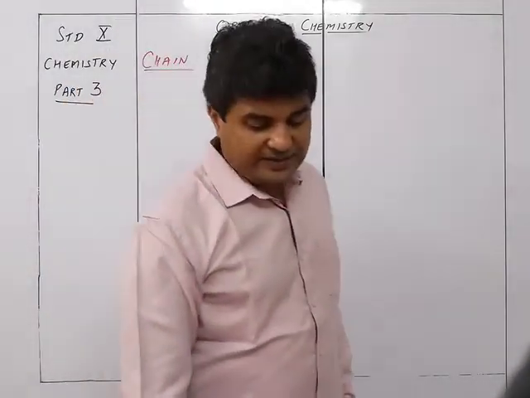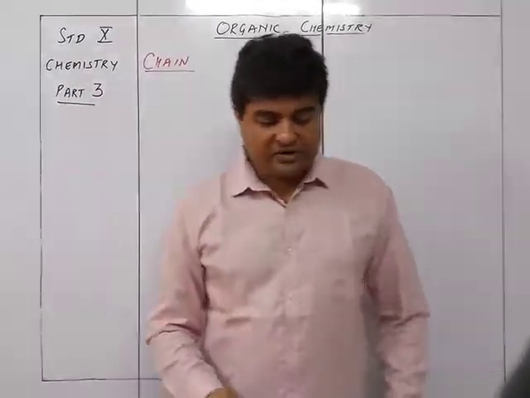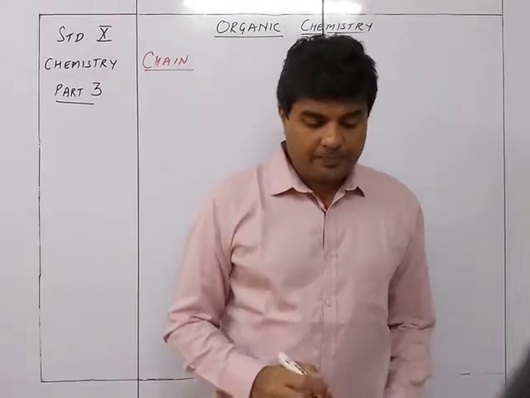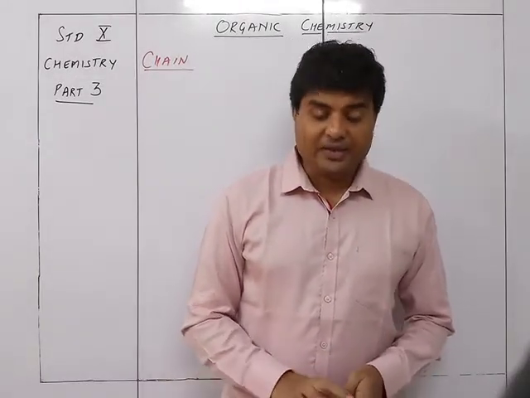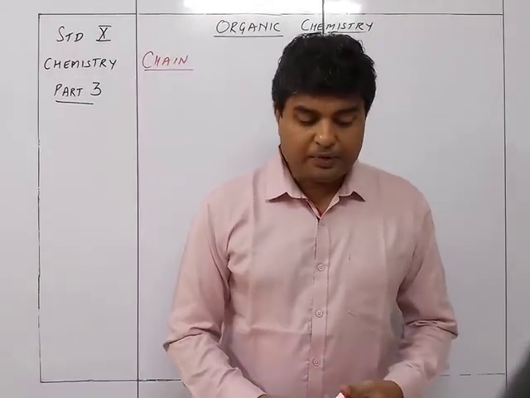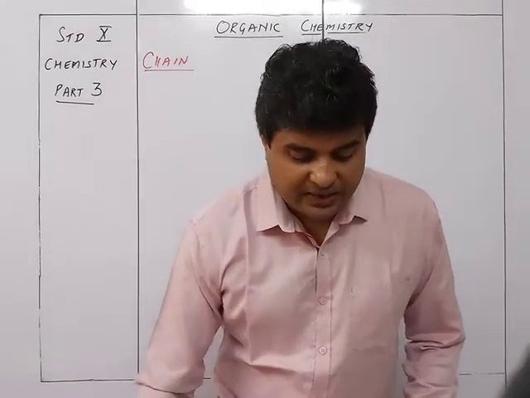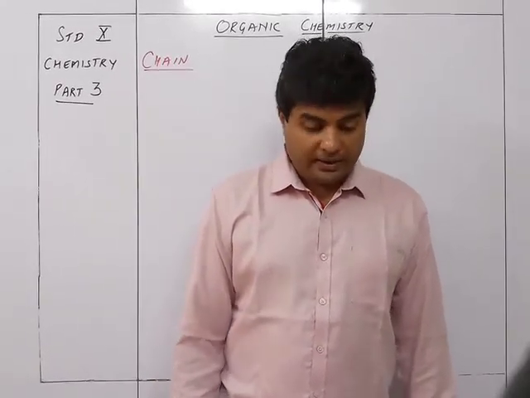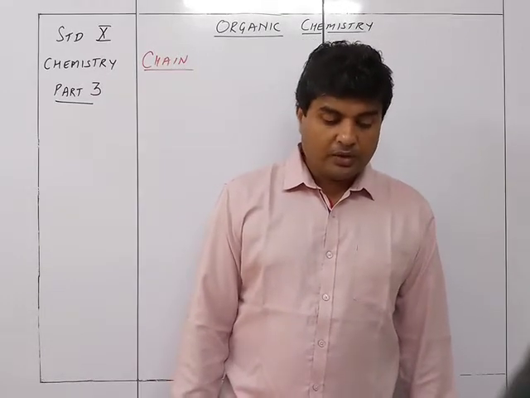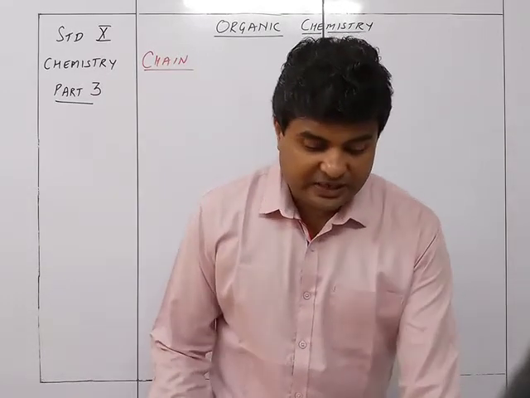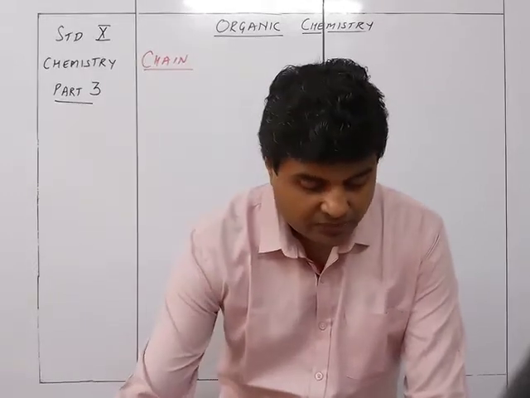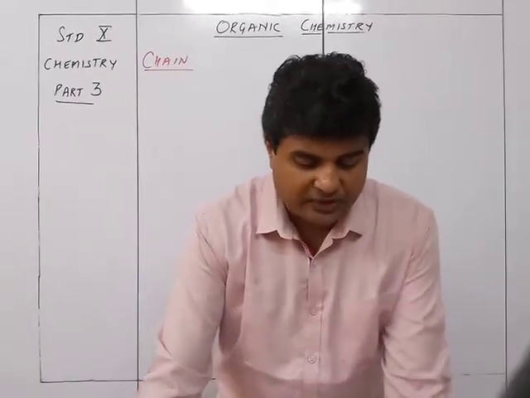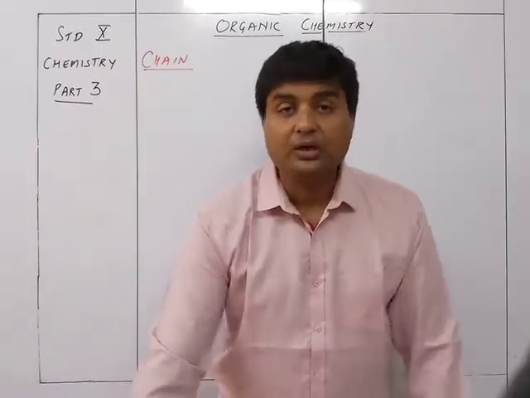It is a difference due to the difference in the arrangement of the carbon atoms in the chain, and position isomer is a difference in the position of a functional group or double bond. And then there is stereo isomerism, for example geometrical isomerism, due to the difference in arrangement of atoms around the double bond.